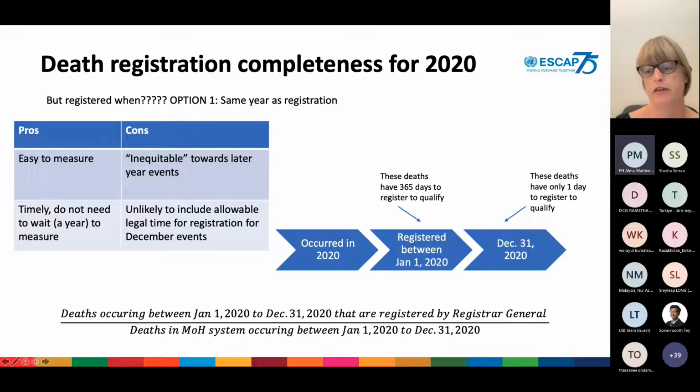In many countries, perhaps you have 7 days or 30 days or 6 weeks or whatever the law says in order to register a death. If you died December 31st, I don't think most laws only give you 1 day to register a death, especially if that happens to be a weekend, say a Saturday. So it doesn't quite align with the allowable time frame to register.